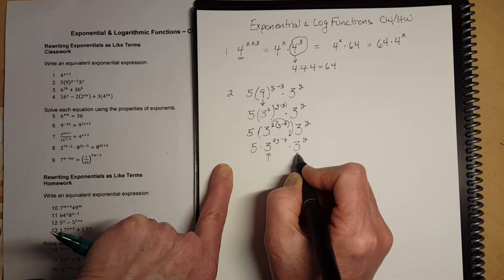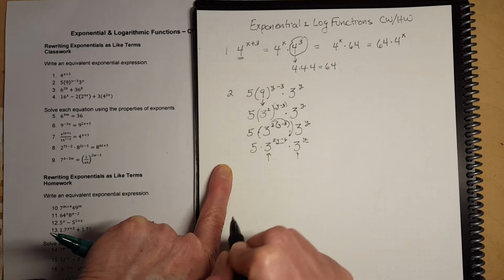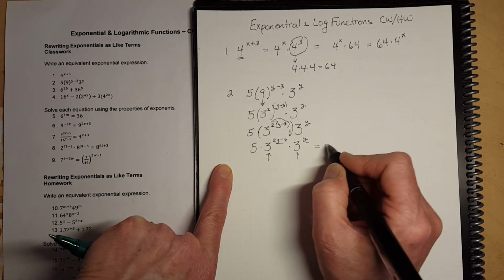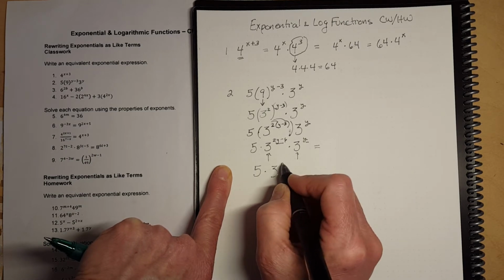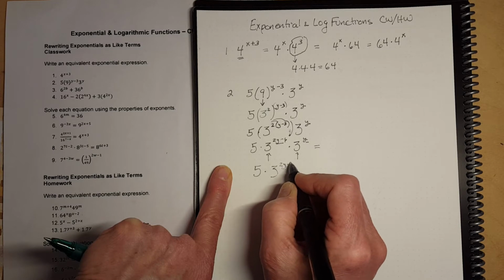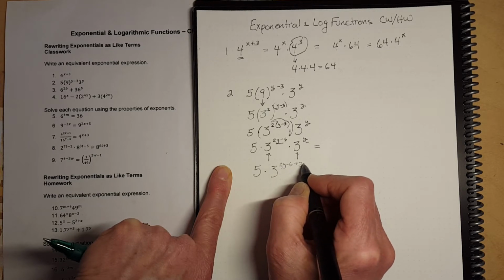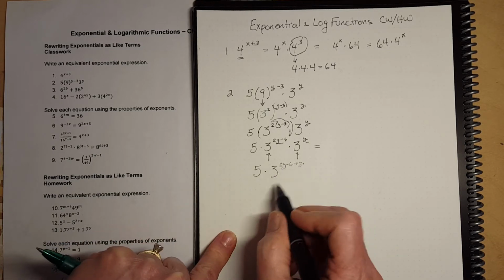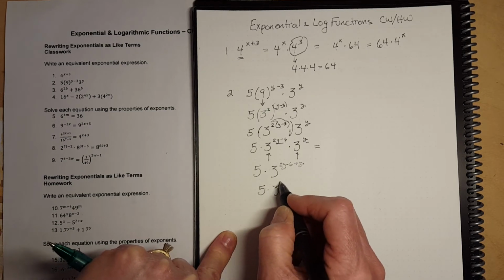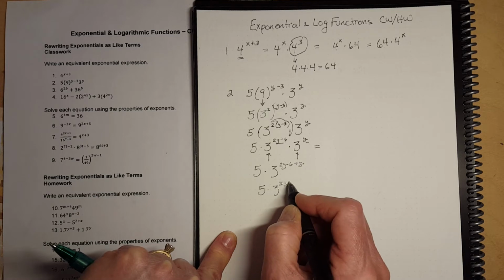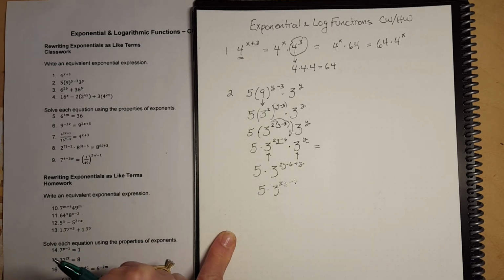And now I have a common base, different exponents, so I'm going to add the exponents since it's multiply. So that's going to equal 5 times the base 3 times the exponent 2y minus 6 plus y. 2y plus y is 3y, so I get 5 times 3 to the 3y minus 6.